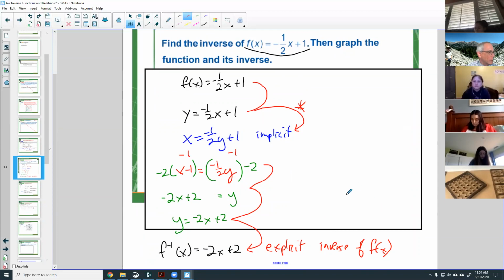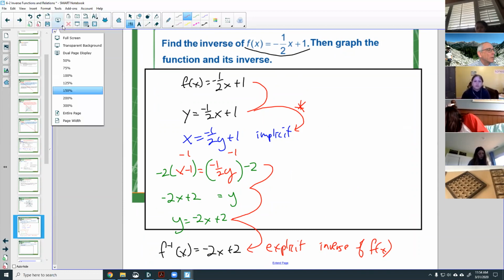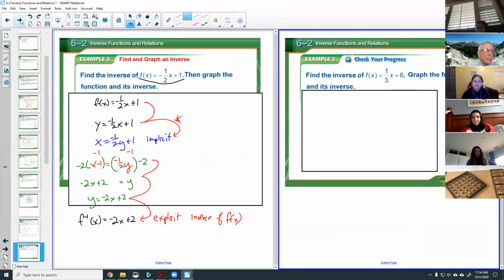I'll tell you what I'm going to do here. I'm going to take this slide and move it to right there. This is the slide that we just did a second ago.